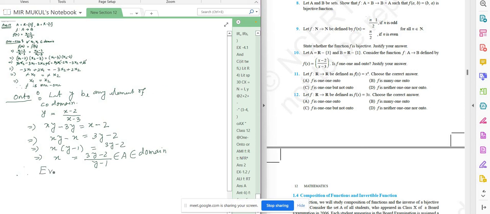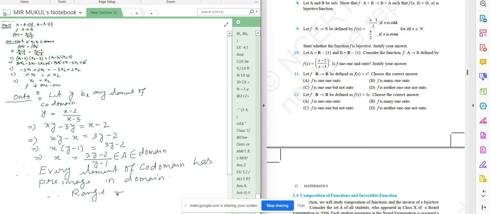So every element of the codomain has a preimage in the domain. Therefore, range equals codomain.